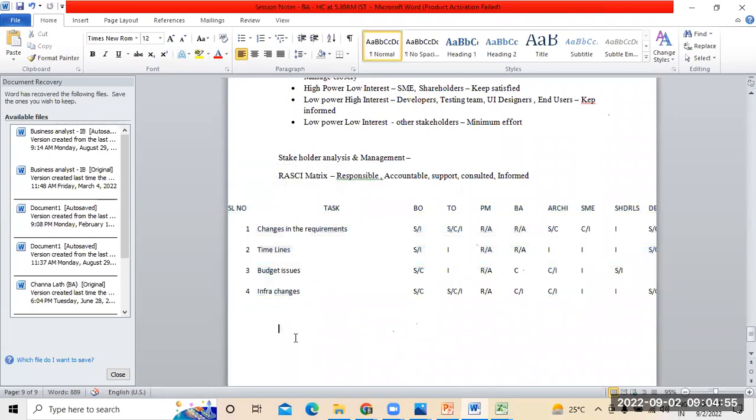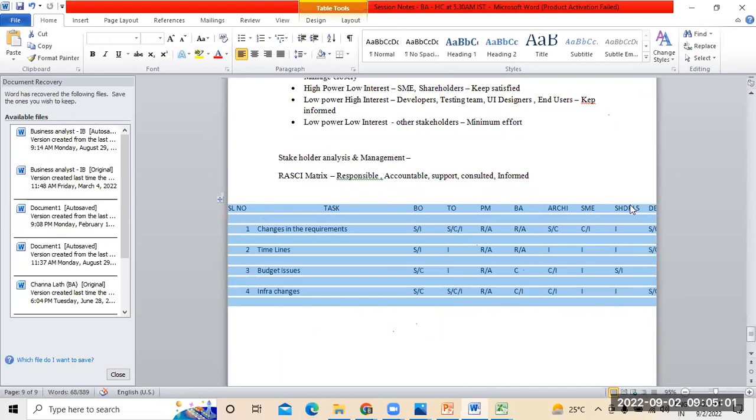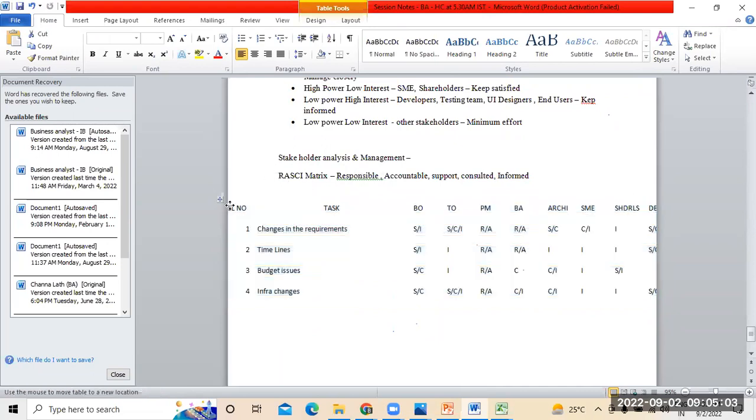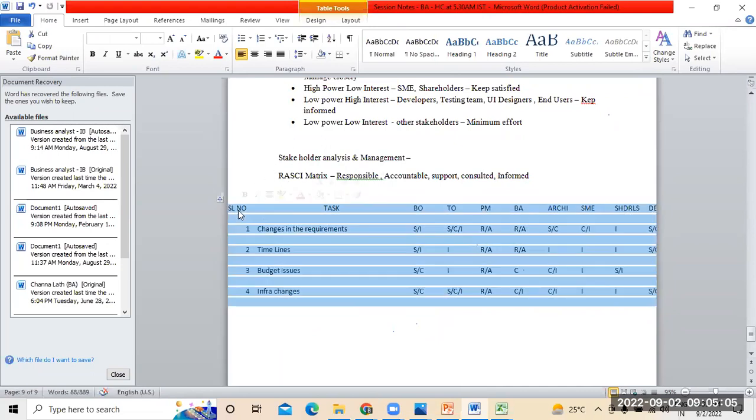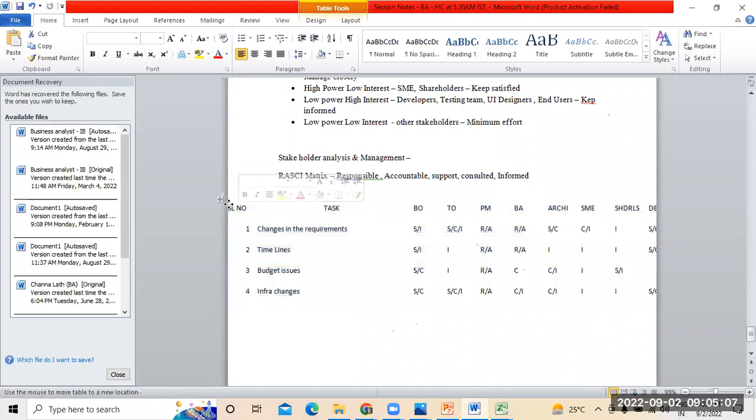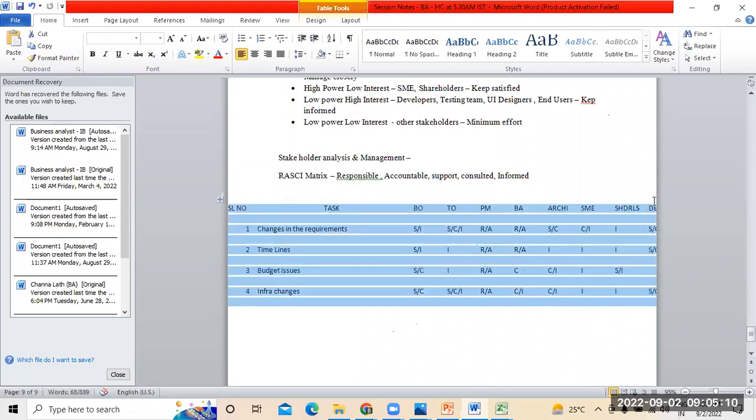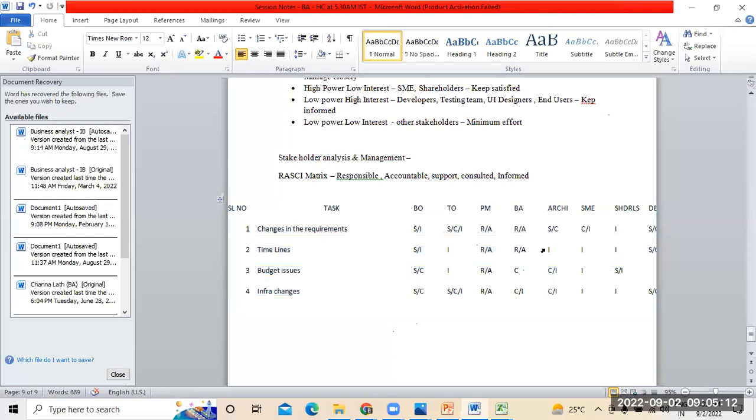I'll send the Excel sheet to you. That's better, because alignment issues come up, so it's better that I send you the Excel sheet. That itself is better than this.